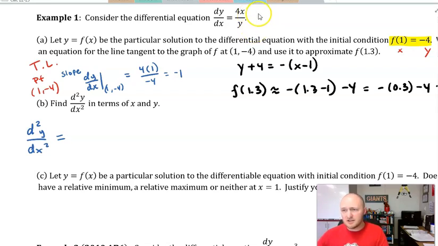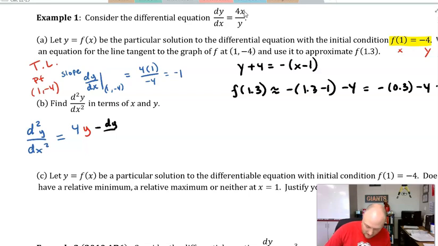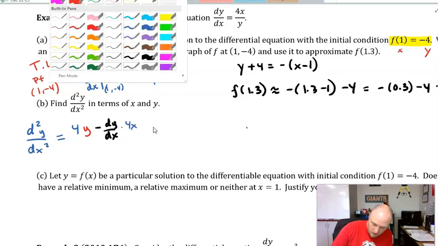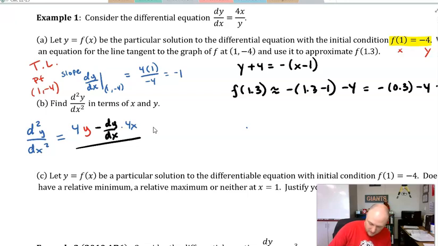So I'm going to have to take the derivative of the numerator, which is 4, times the denominator, which is y, minus the derivative of the denominator, which will be dy/dx, 1 times dy/dx, the derivative of y, times the numerator, which is 4x, all divided by the denominator squared, y squared.